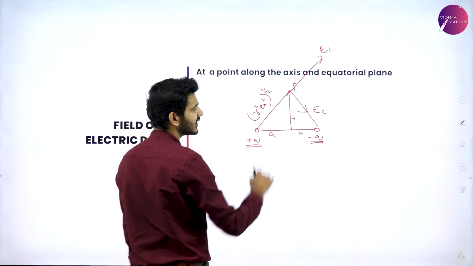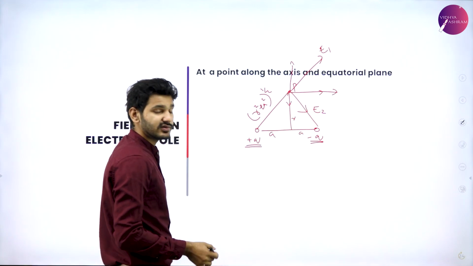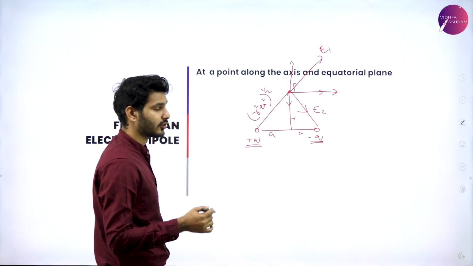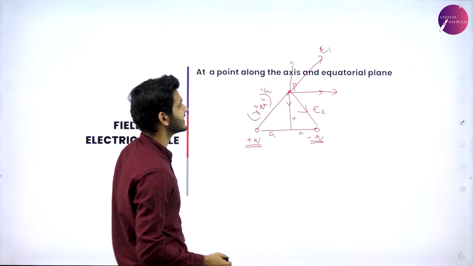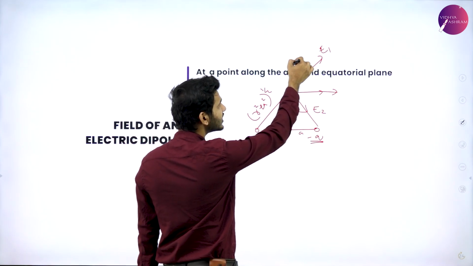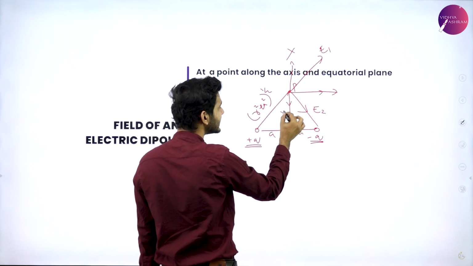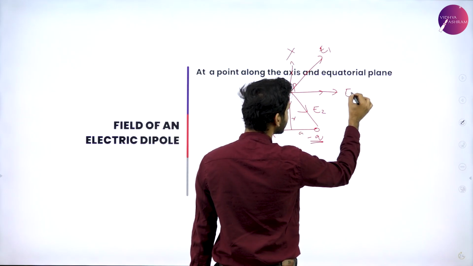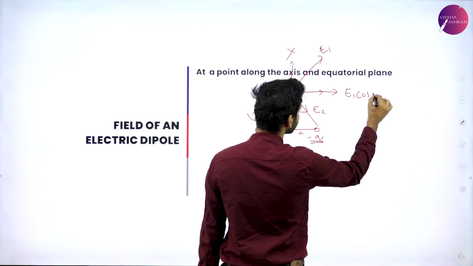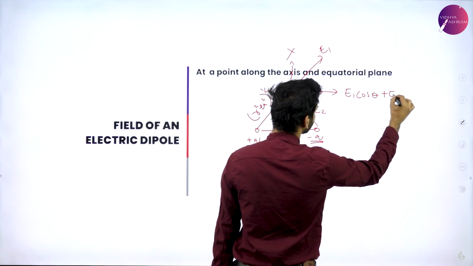Since we cannot directly take this into account, we resolved this vector into its components along the x-axis and y-axis, and we found that the vertical components cancelled each other out, and the only remaining things were E1 cos theta plus E2 cos theta.